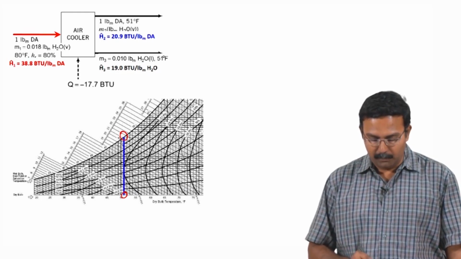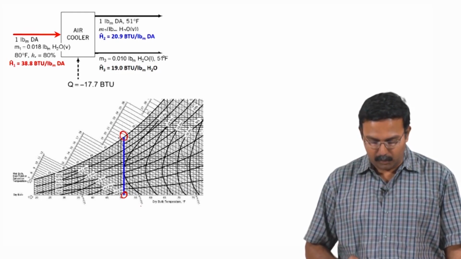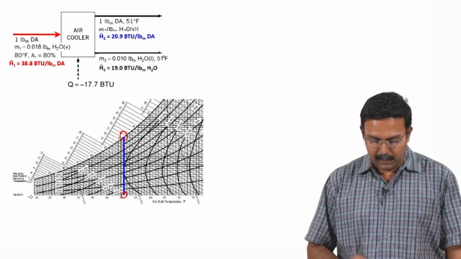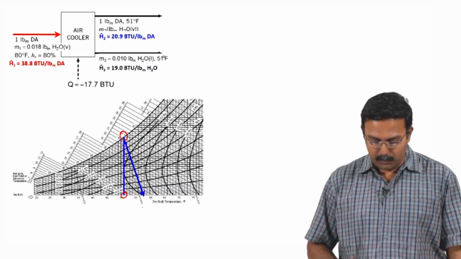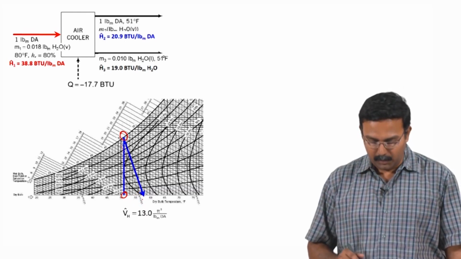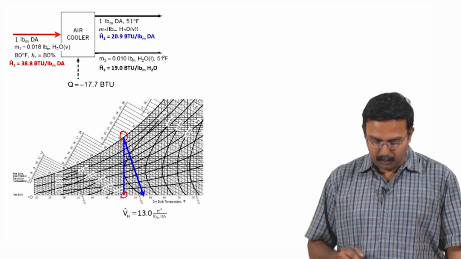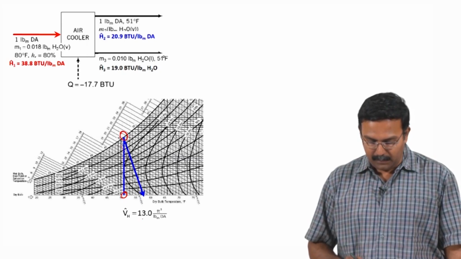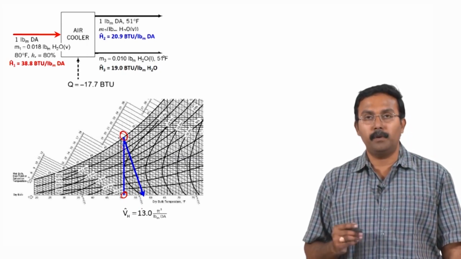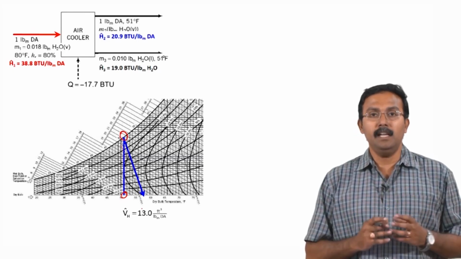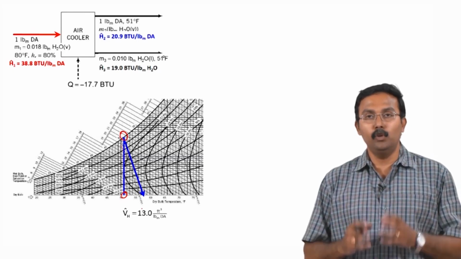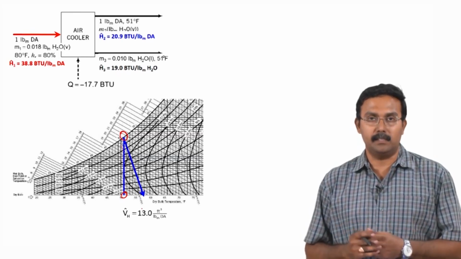So the humid volume can be identified using a line drawn parallel to these slanting lines which you are seeing here, and using that the humid volume for the air water mixture is roughly 13 feet cube per pound mass of dry air. So there is 13 feet cube of humid air which is leaving the system.